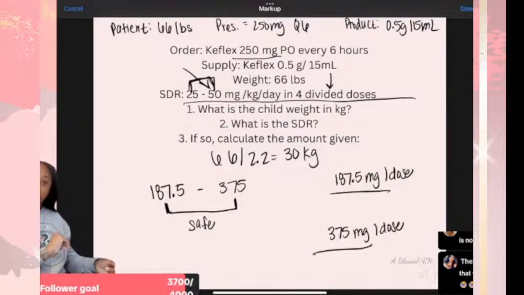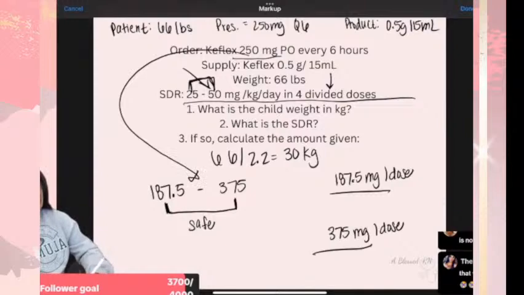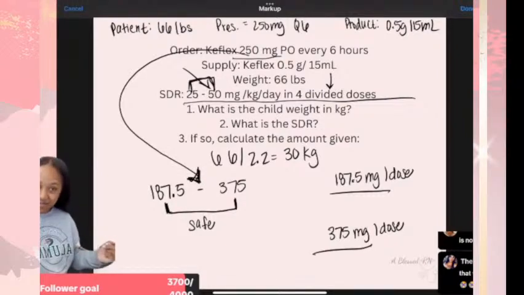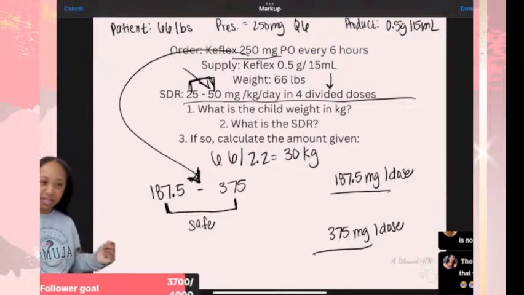So that means every 6 hours, they want you to give one dose of 250 milligrams. 250 milligrams falls in this safe zone. So yes, it is safe to give. Do you understand now what makes a medicine safe and what makes it not safe?